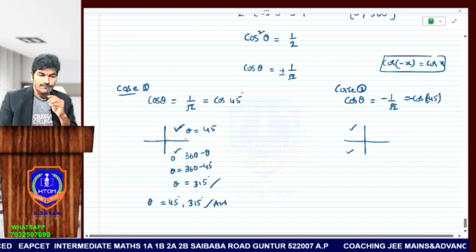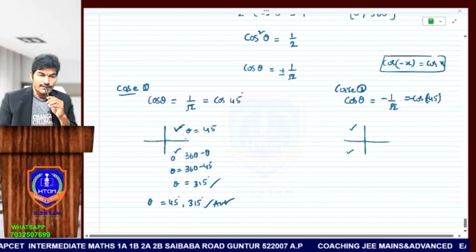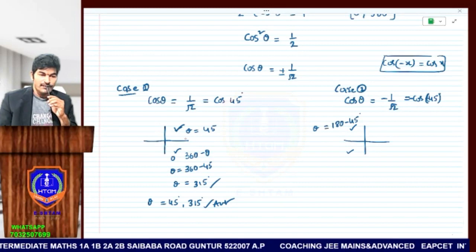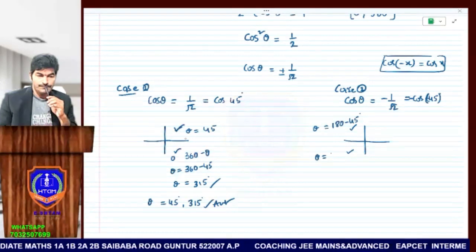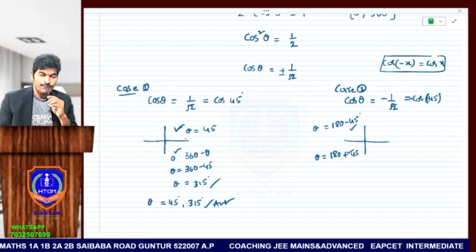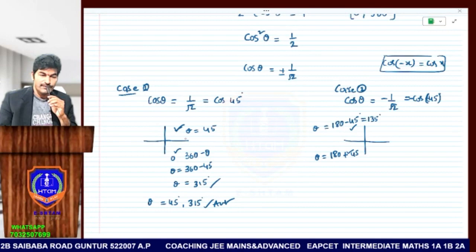Understood? For this case, you have to take 180 minus theta, 180 minus 45 degrees. And for the third quadrant, since cos is negative, you can use 180 plus 45. So 180 minus 45 will be 135.